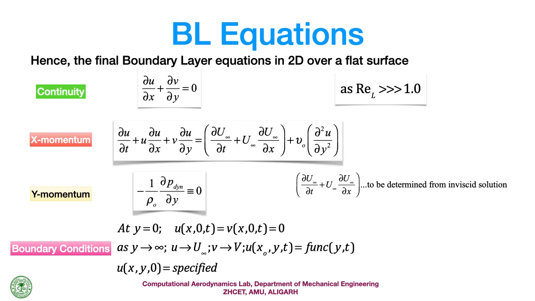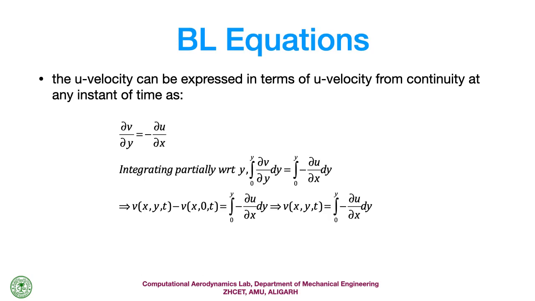Now, I can also use the continuity equation to express the v velocity, which is like this. I can integrate partially with respect to y, and I get this form. So this gives you the v velocity as an integral from 0 to y.